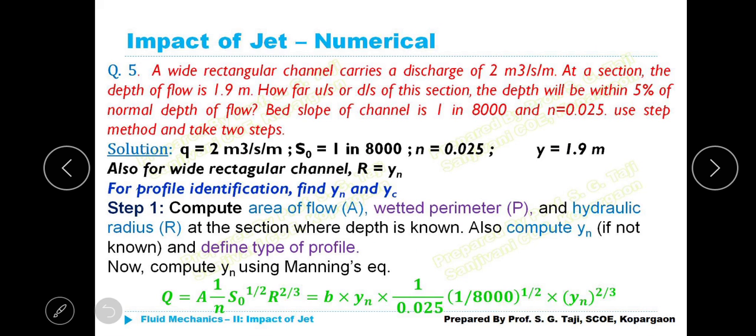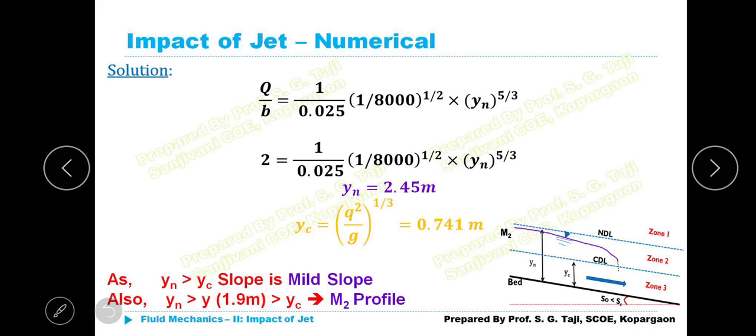Okay? Fifth problem is M2. Why? Because Yn is greater than Yc, slope is mild slope. But Yn is greater than Y, greater than Yc, M2 profile. Could you get it? If Y is greater than Yn and greater than Yc, M1 profile, as we did before. Since here Yn is greater than Y, but Y is also greater than Yc, but Yn is greater than both Y and Yc, that's why M2 profile.